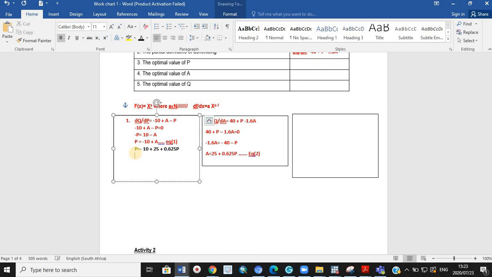If we bring 0.625 p to the left side, it's going to be 1 minus 0.625, which is 0.375 p equals 15. Then if we divide 15 by 0.375, let me just confirm, very good, it's equal to 40. So the optimum value of p is 40.